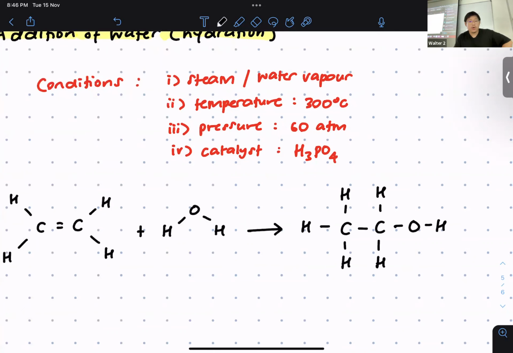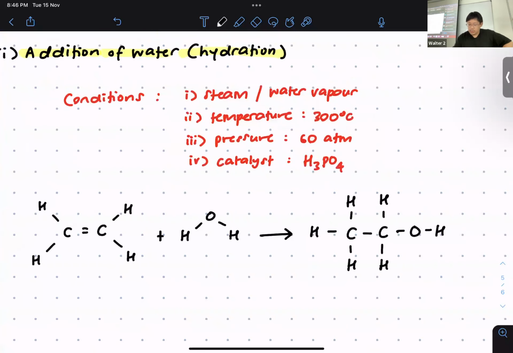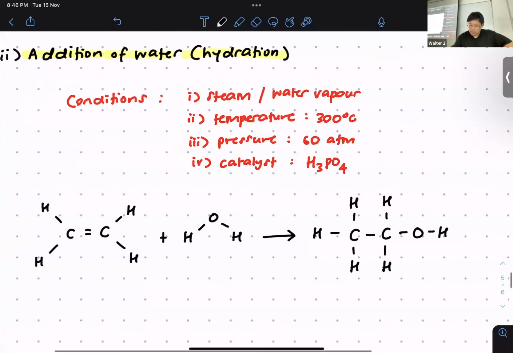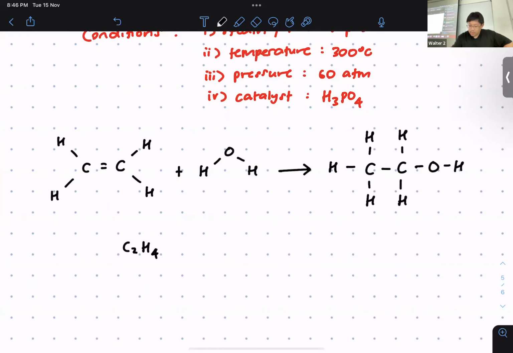So therefore, the equation will be C2H4 plus H2O, you get C2H5OH.